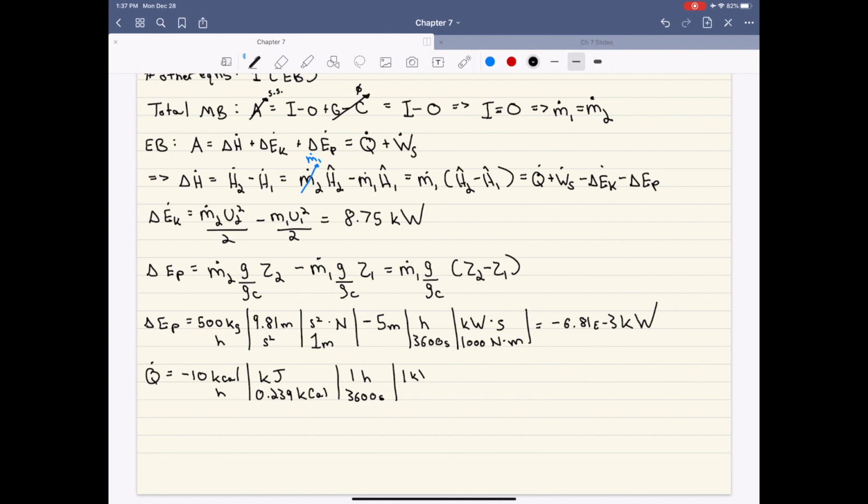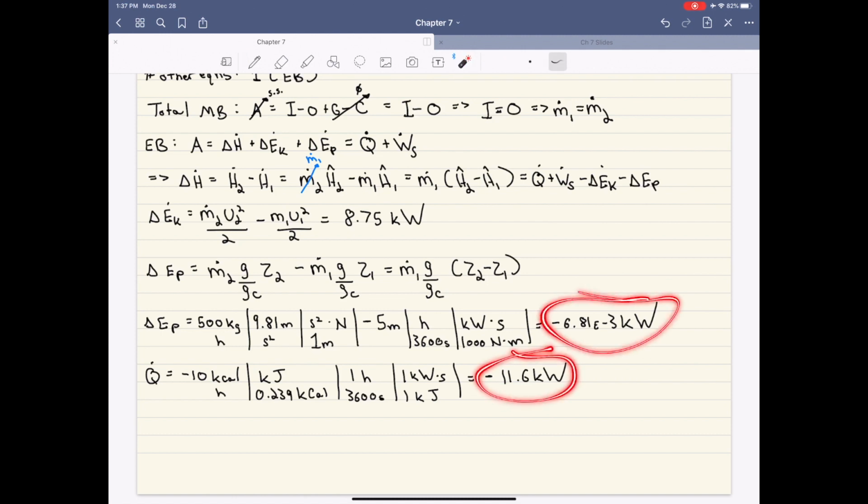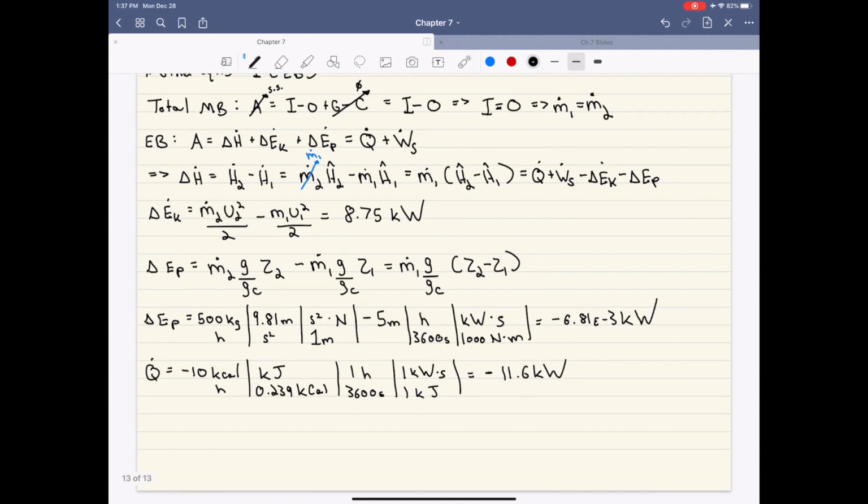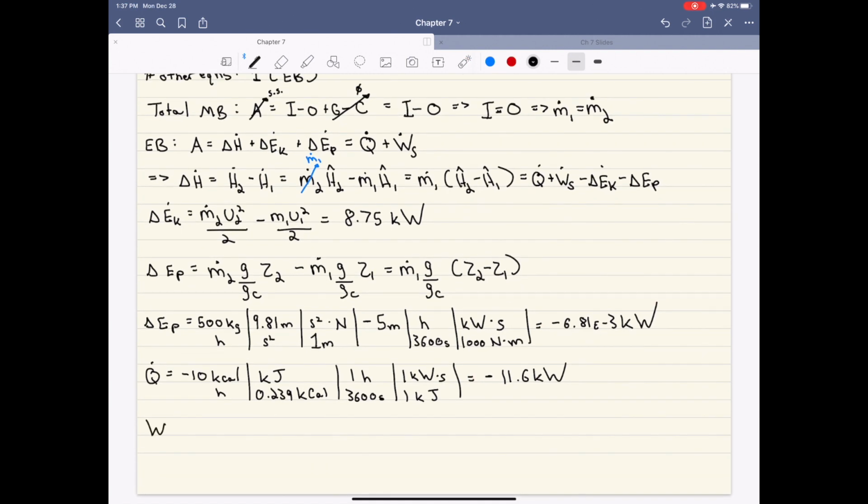And 1 kilowatt is 1 kilojoule per second. From here we get that our heat term is negative 11.6 kilowatts. And once again, this is much larger than the potential energy change. Finally, the shaft work is still just negative 70 kilowatts.